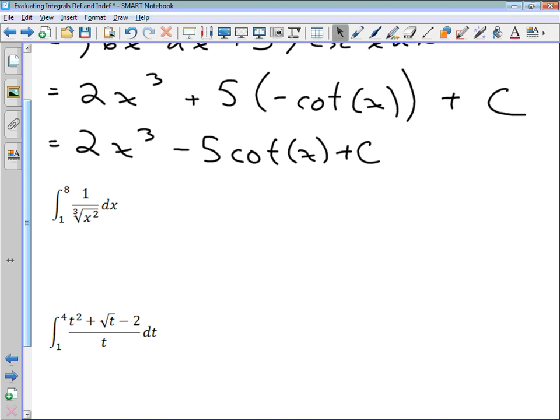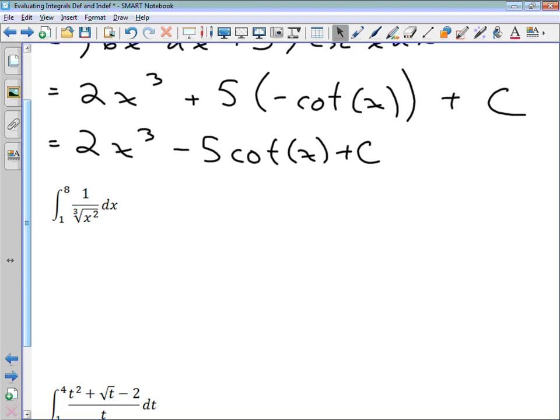All right, let's take a look at the next one here. We've got the integral from 1 to 8 of 1 over the cube root of x squared dx. If you're doing this one, what would you think to do first?